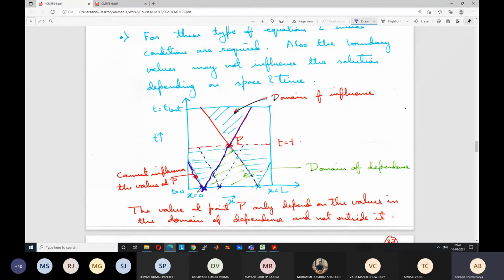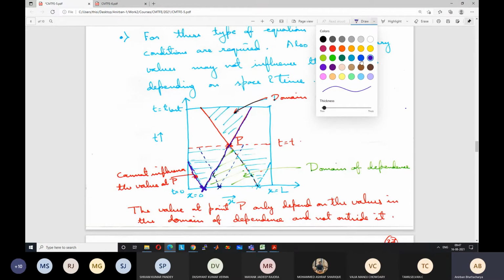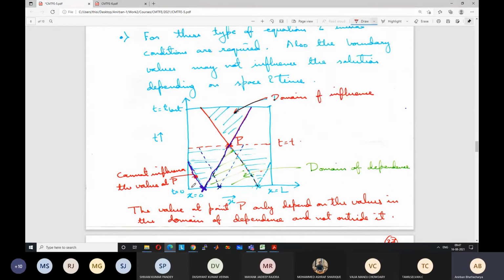So what will happen if I have another point here, say in red color? Will this point influence the point P? No, it cannot influence.